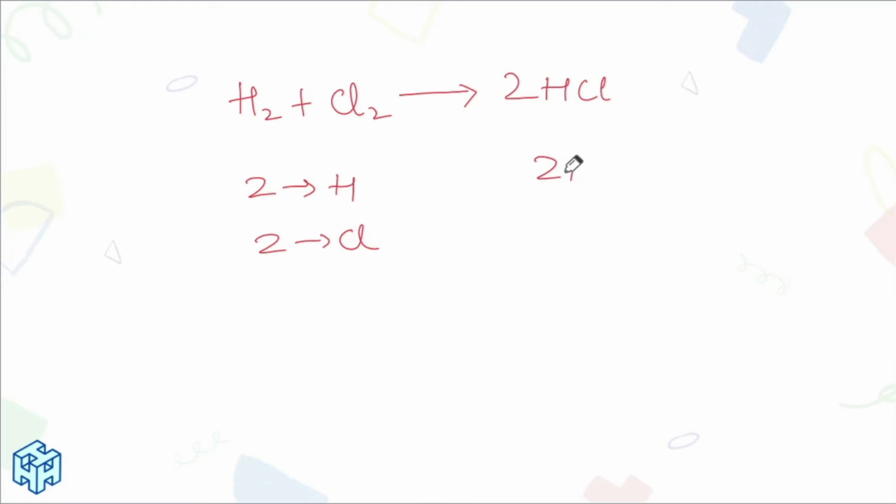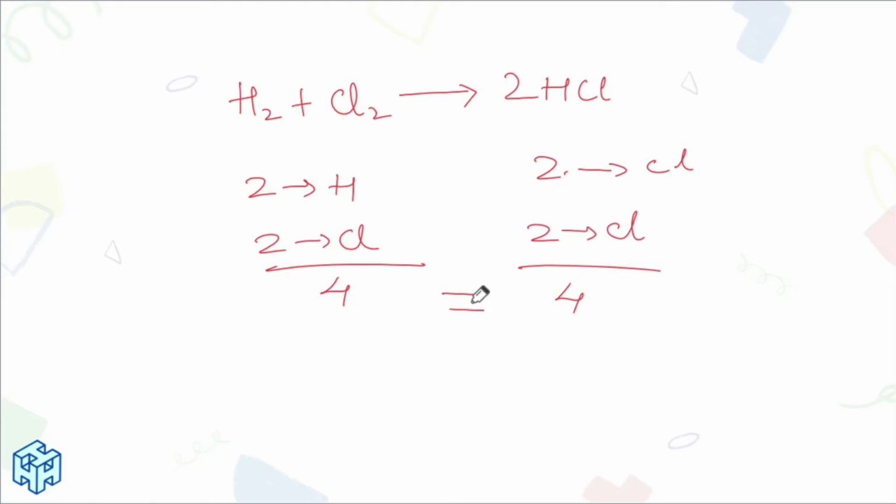Here we have 2 hydrogen atoms, 2 chlorine atoms. Total here 4, here it's balanced. Did you understand? Yes.